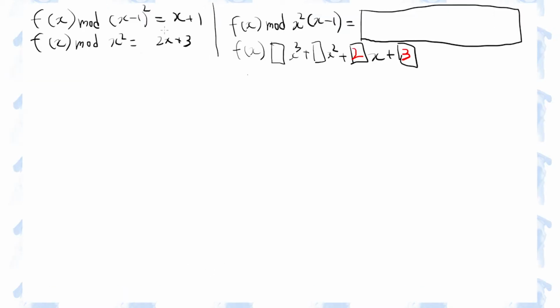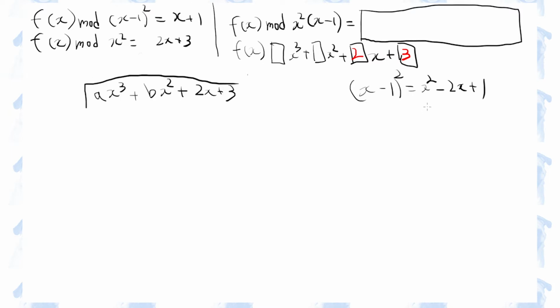And next, let's use the first statement. X minus 1 squared is of course x squared minus 2x plus 1. So, what is ax times minus 2x? Minus 2ax squared. And what is ax times 1? Ax.